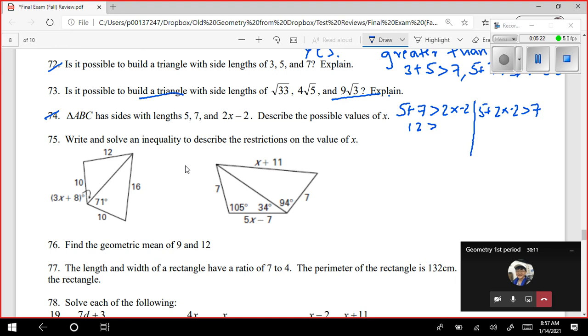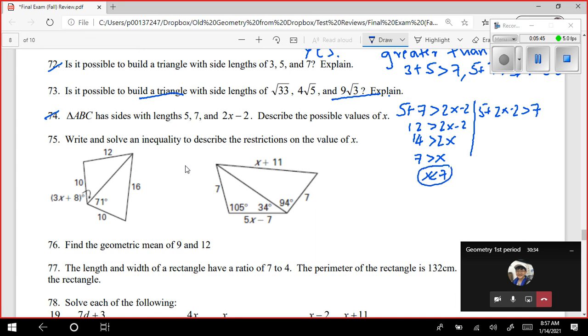So 12 is greater than 2x minus 2. Add 2 to both sides. So you'll get 14 is greater than 2x. Then divide by 2 on both sides. So you'll get 7 is greater than x. So this gives us x should be less than 7.